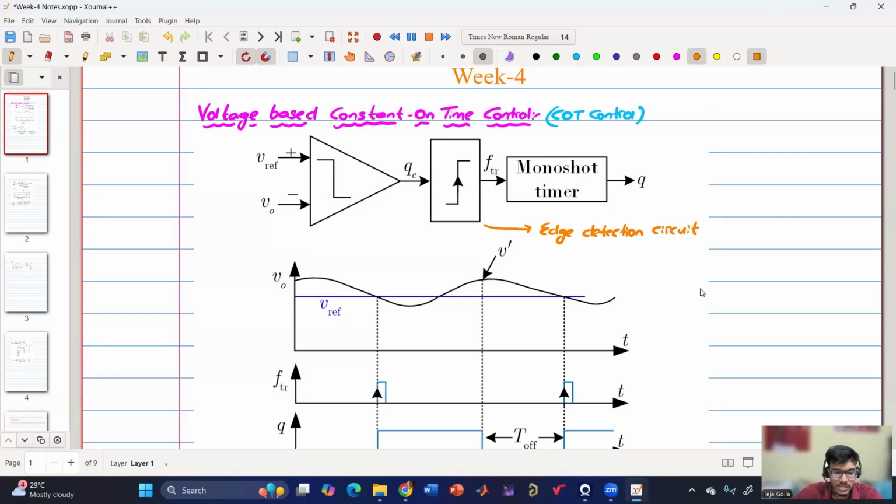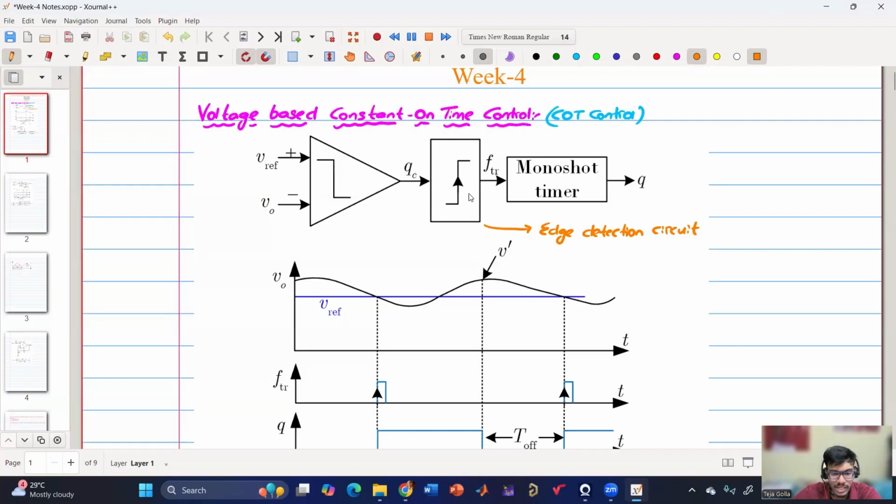So what happens is basically we have a comparator, and the inputs are the reference as well as V0. The plus and minus signs are very crucial. We have plus for Vref and minus for V0. So whenever V0 is below Vref, it will become 1. Whenever V0 is above Vref, it will become 0.